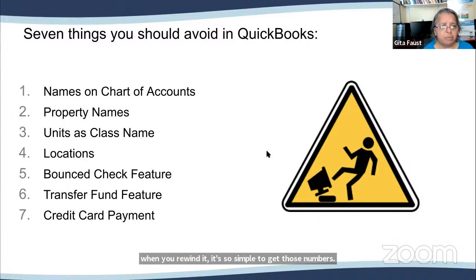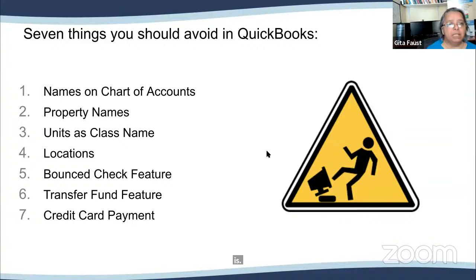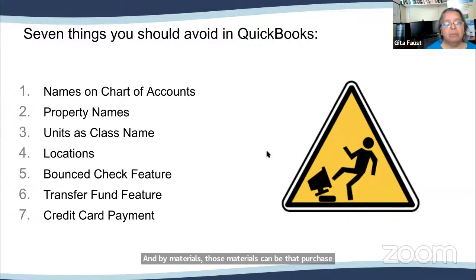So we talked about property names already. We use the class feature. The only reason we use the class feature is if they go to Home Depot and buy materials, that purchase on one receipt could be split between multiple properties.